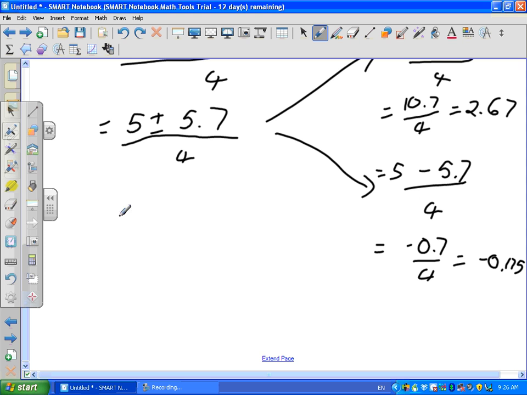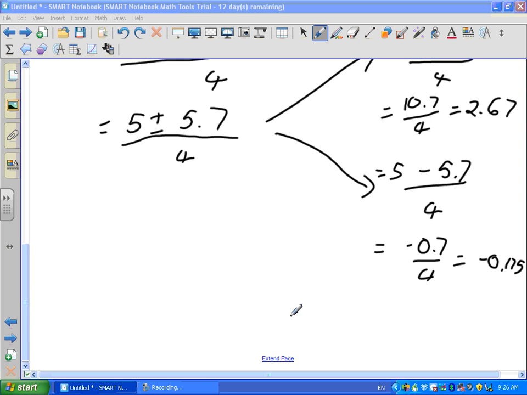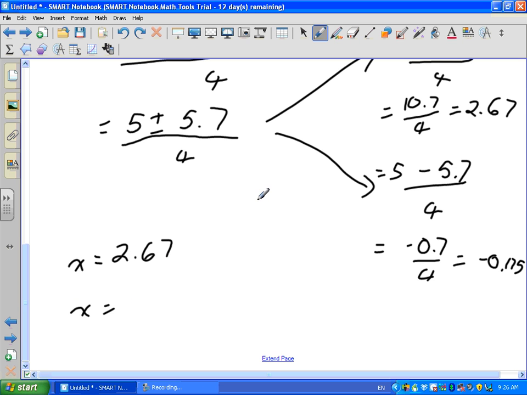Beautiful. Okay, so let's rewrite these. What that means is our x-intercepts, our zeros, one of them, x is equal to 2.7, not an even, well, it is an even number, not a whole number. And negative 0.175. So if you notice here, these are ones we are unable to factor.